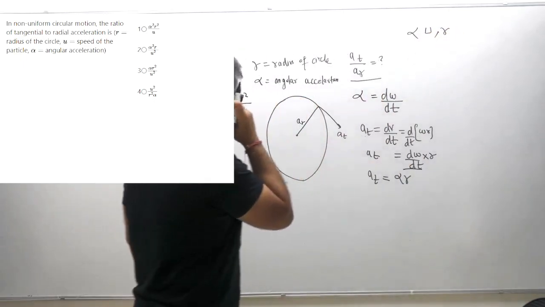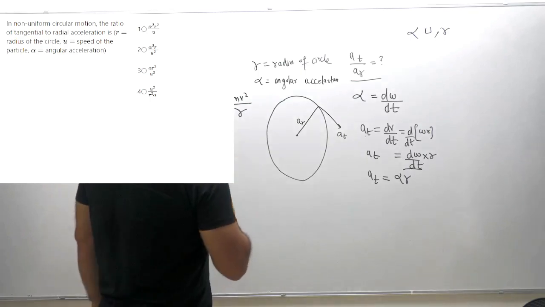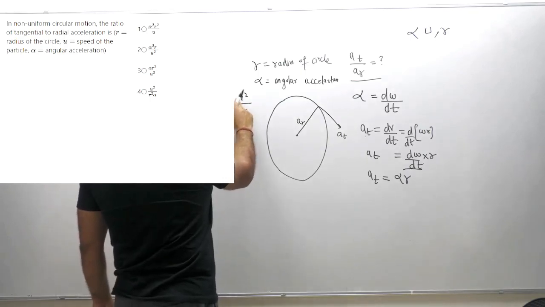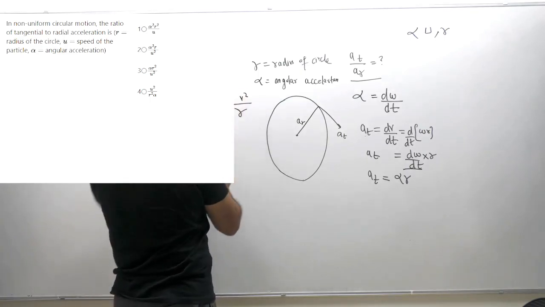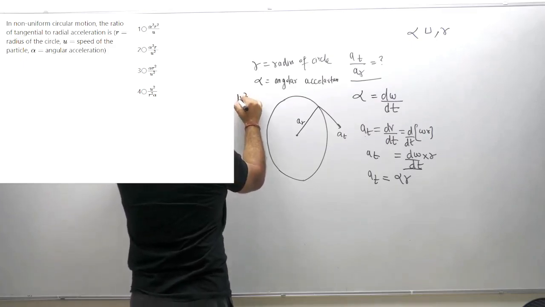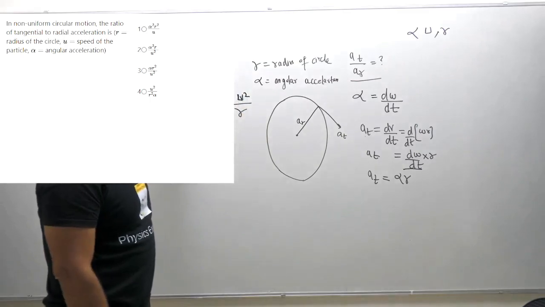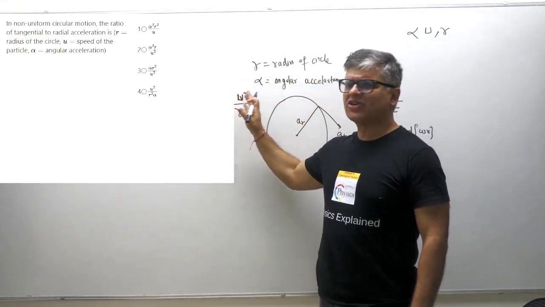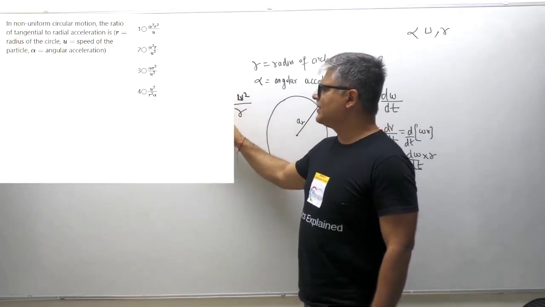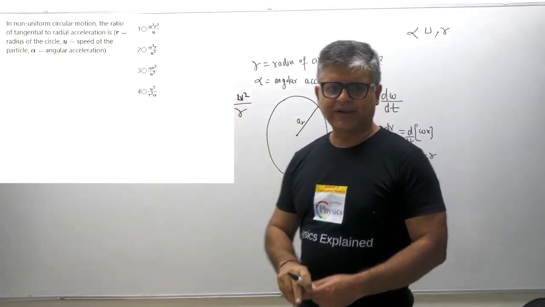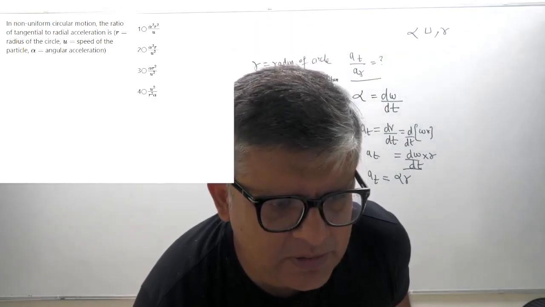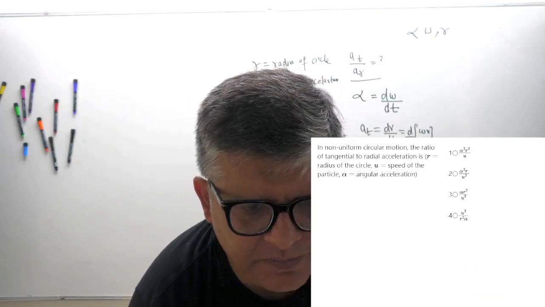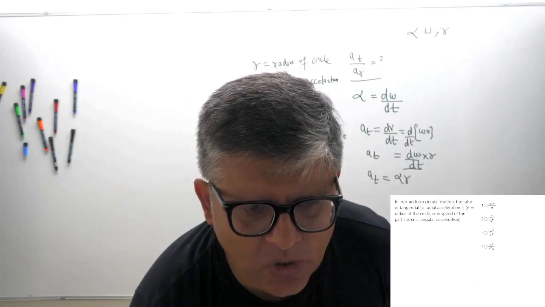Let's try to link them now. Okay, I will just remove m because this will become force. So AR is equal to u squared by r. Let's not use v. So I have written A radial. All right.